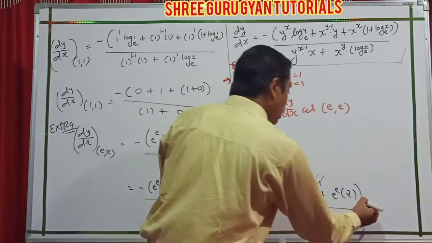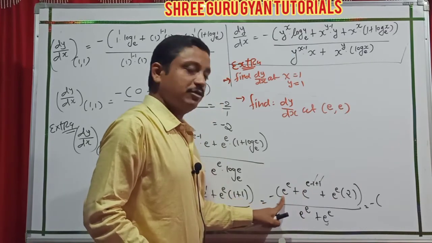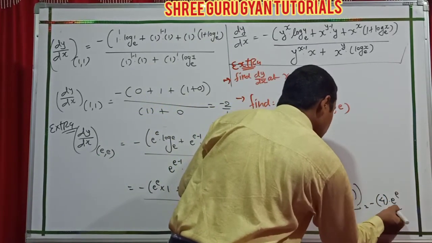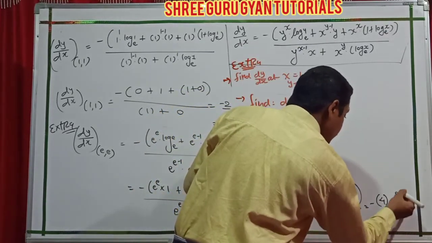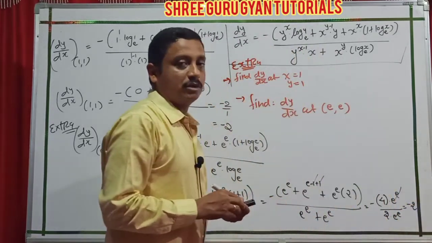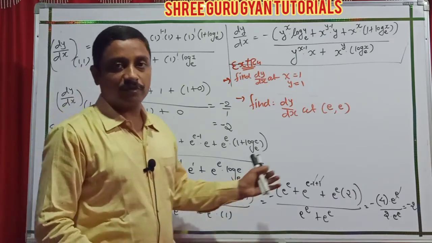So how many total? 2 times e raised to e, 1 time e raised to e and 1 time e raised to e. It is 2, 3 and 4 times e raised to e, upon here also total you get 2 times e raised to e. This cancels. So my answer is only and only minus 2. That time JEE level questions are asked in exam.